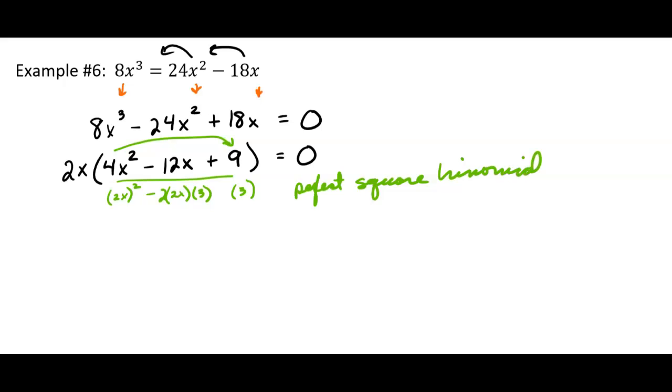So you might remember that from our special products, and it says that if you have that situation, a squared minus 2ab plus b squared, it could be plus, but in this case it is minus, then that's going to factor into a minus b, squared.